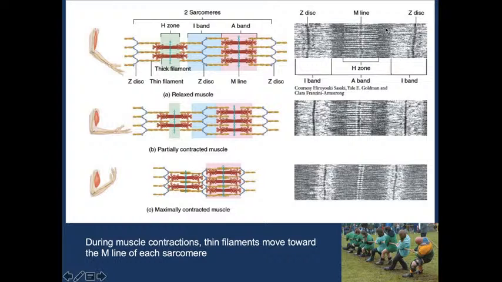Here is a non-contracted, or relaxed, muscle. You see a very large I band, but when the muscle is contracted, the I band becomes very narrow, very small.